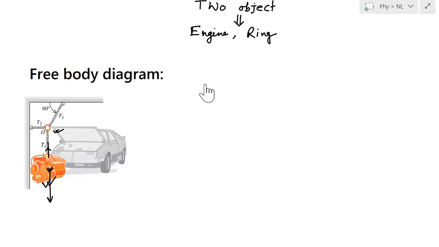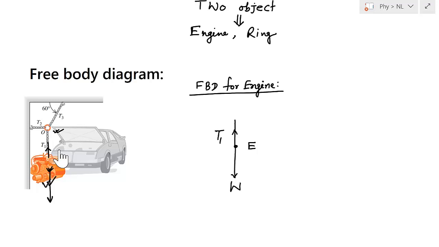So let us draw the free body diagram for the engine. This point denotes the engine, and the weight W is acting in the downward direction, and the tension force T1 is acting in the upward direction. This is the free body diagram of the engine.